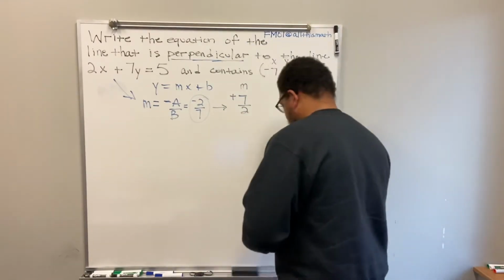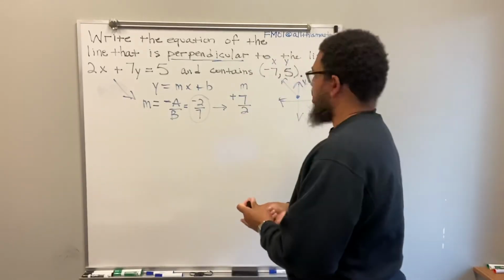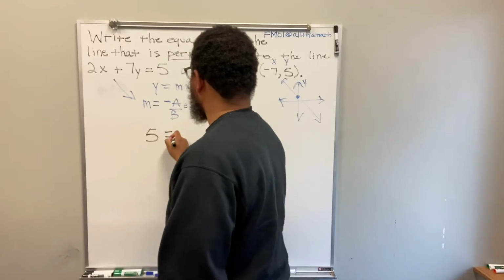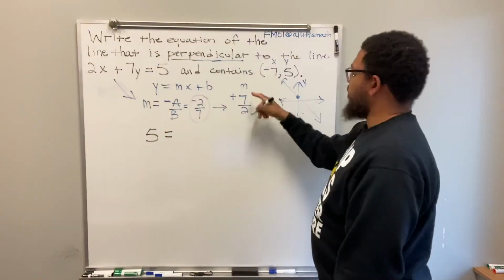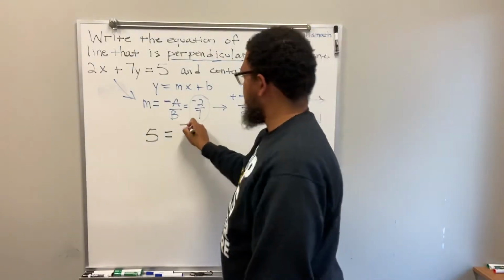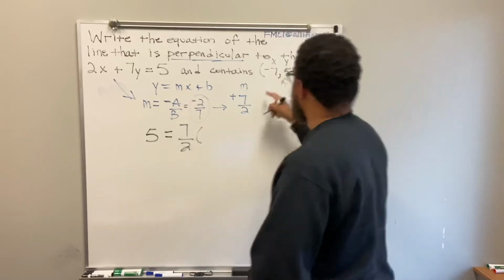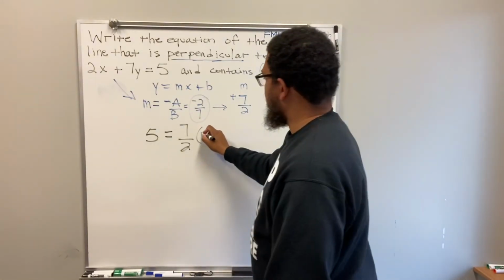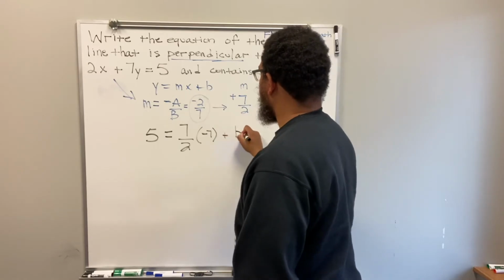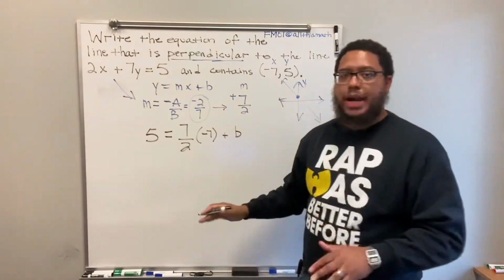So what I could do is write in the place of Y, I could put a 5. In the place of M, I could put 7/2. Next to that, in the place of X, I could put -7. And then I put plus B. Now that's the setup for the equation so that I can solve for B.